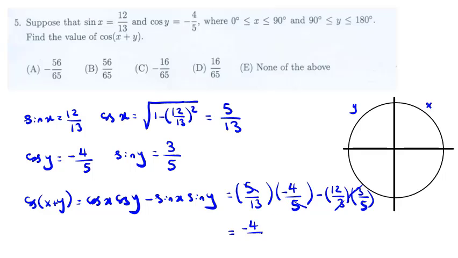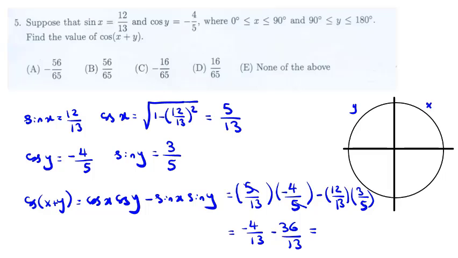It will be negative 4 over 13 minus, oh sorry, here 12 over 13, I shouldn't consider that. Okay, so it will be negative 4 over 13 minus 36 over 65.